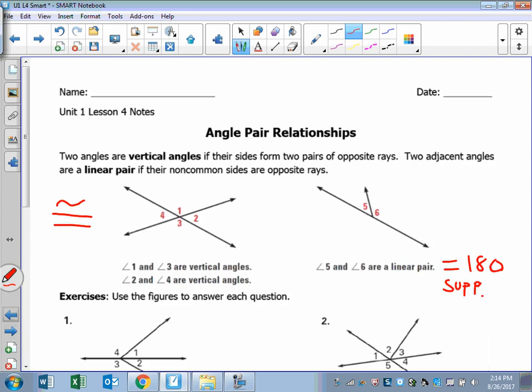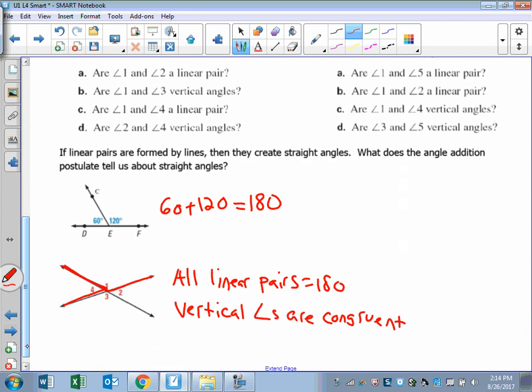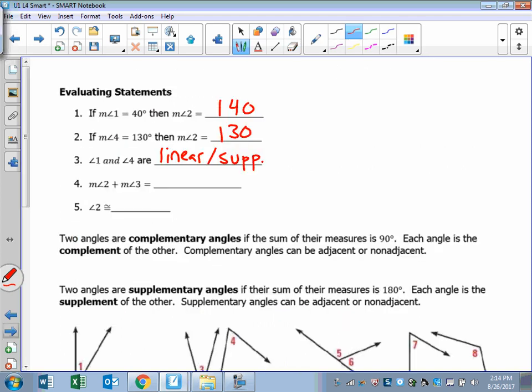Angle 2 plus angle 3. I think you guys get the point by now. If they're adjacent and form a straight line, they should equal 180. So anytime you see the M before the angle, measure, it's talking about the number, the measure of the angle. So the measure of angle 2 plus the measure of angle 3 should equal 180.